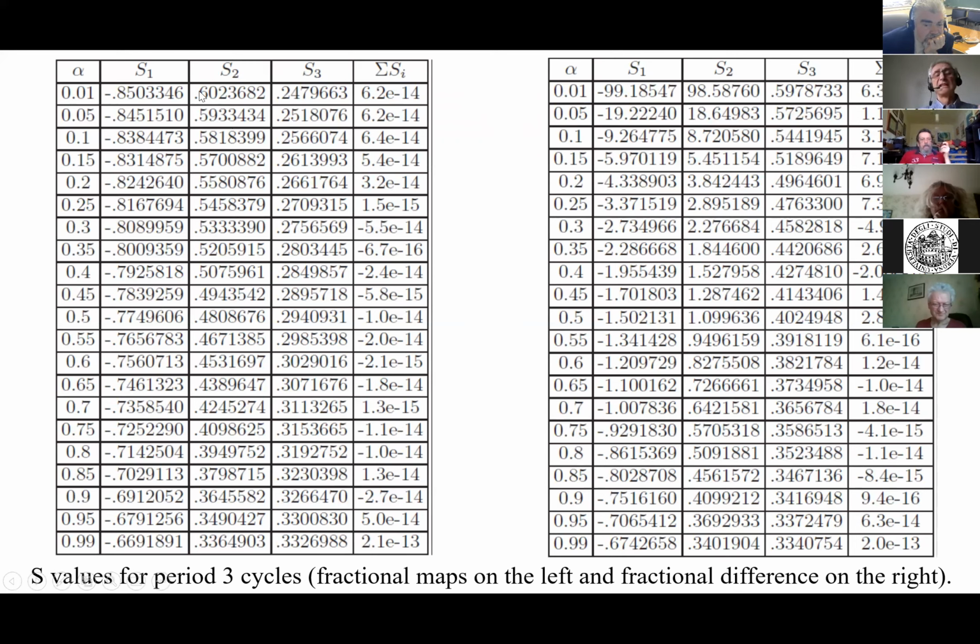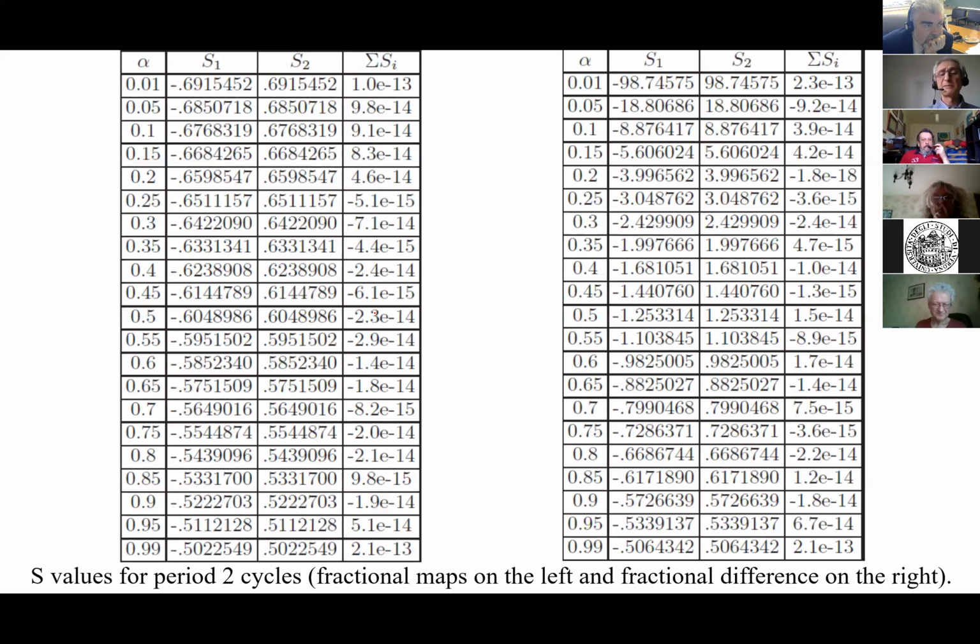And here I explicitly calculated, so whoever wants to can solve equations for the L equals 3 cycle, those values of sums, and to check the validity of those calculations, I also calculated totals, which are very close to 0, the last column in both tables for fractional and fractional difference map. This is the same for period 2.